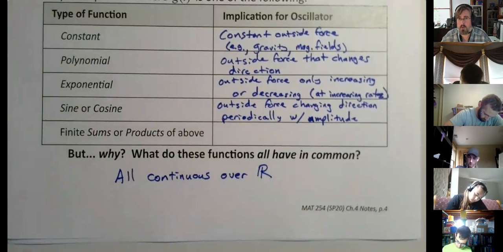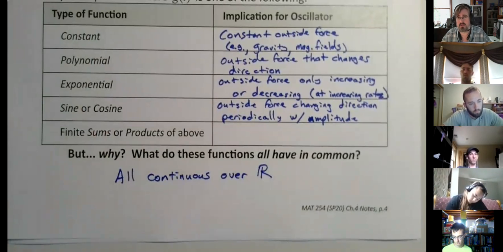Now, why is this important? Since we're talking about modeling harmonic oscillators and outside forces, why is it important to us that we have a continuous forcing function? What would be wrong with having a tangent as a forcing function?